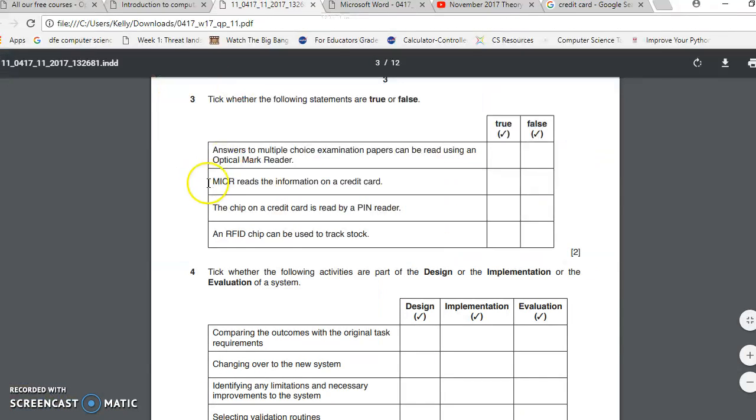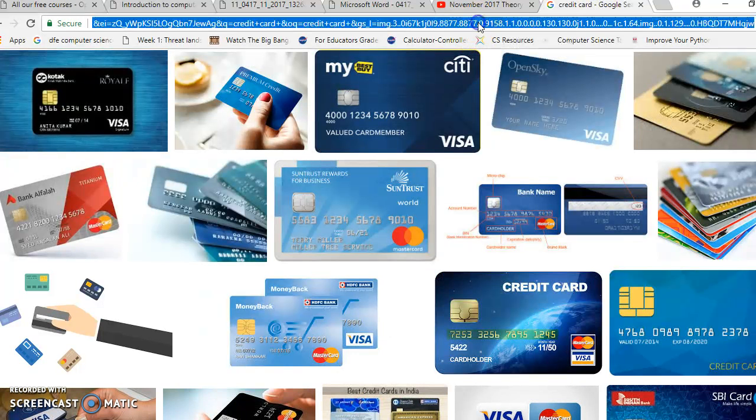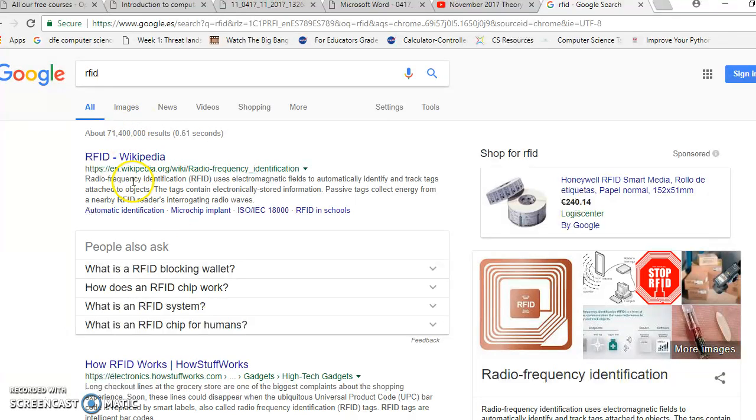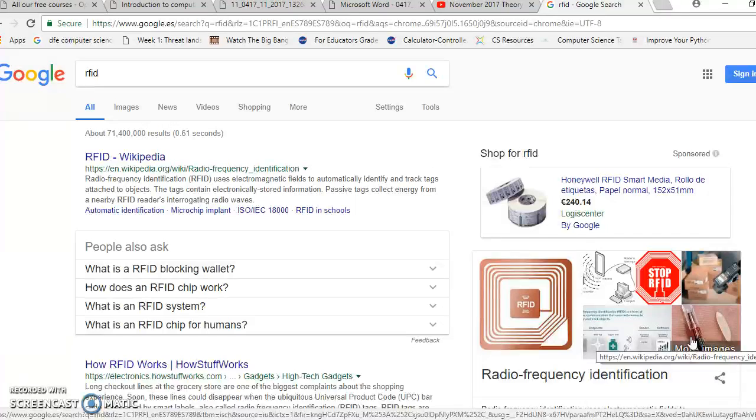Now, last question, very quickly. An RFID chip can be used to track stock. RFID is a radio frequency identification device, and these are what they look like. In stores, very expensive items generally would have RFID tags on them.